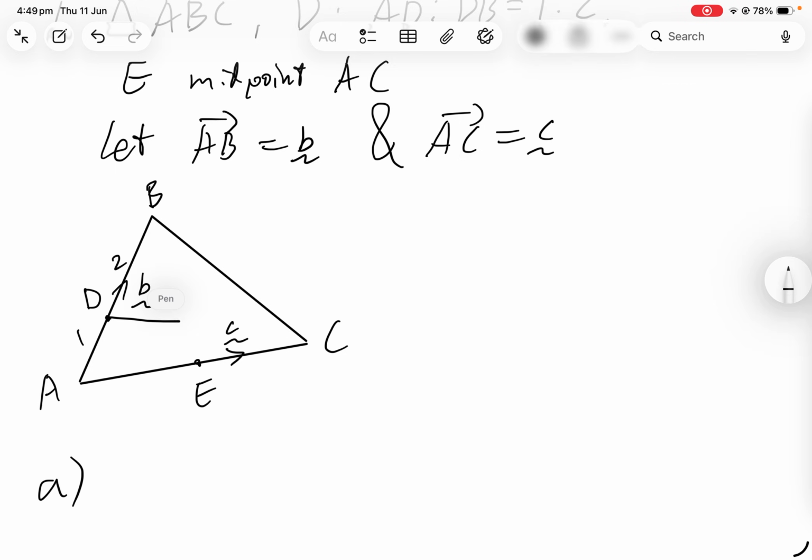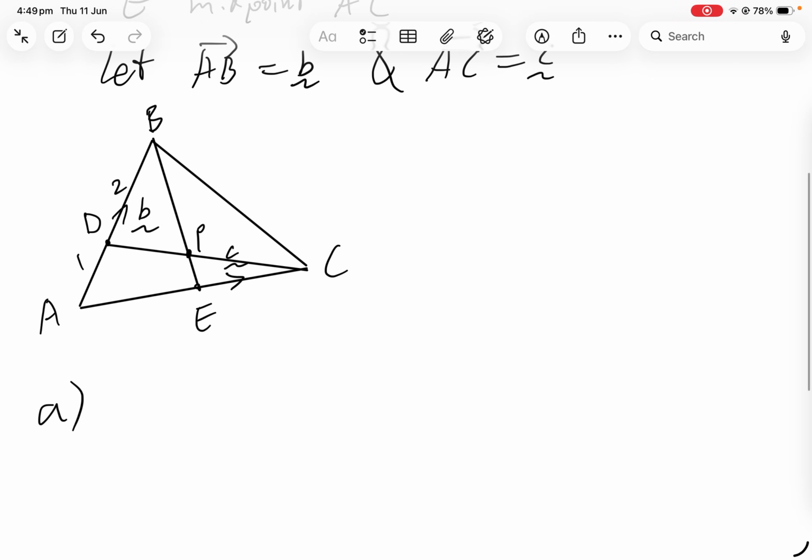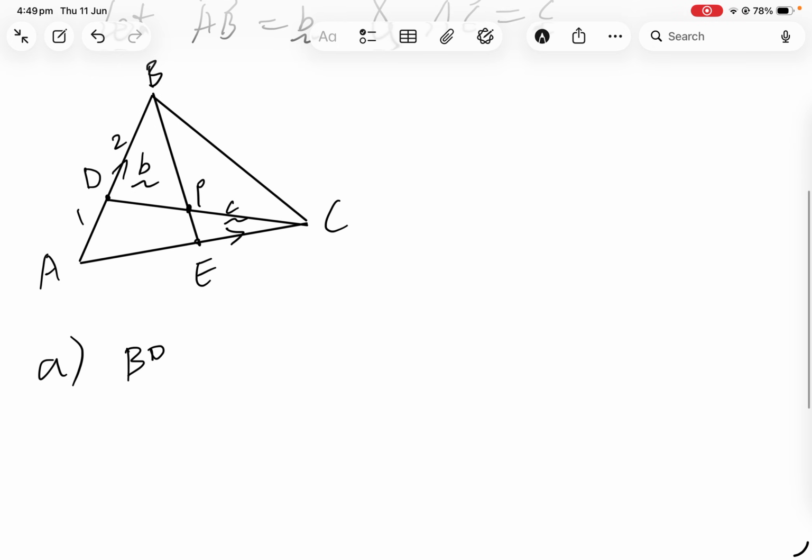Oh well, that didn't work. Okay. CD and BE, and they intersect at P. And by assuming P lies on the segment BE, such that BP equals lambda BE.